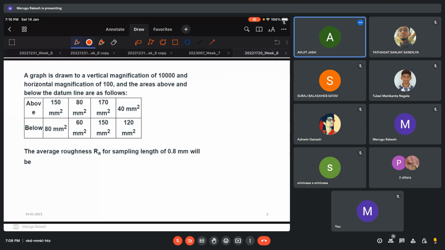1.06, right? 1.06. What is the unit? Micrometer.